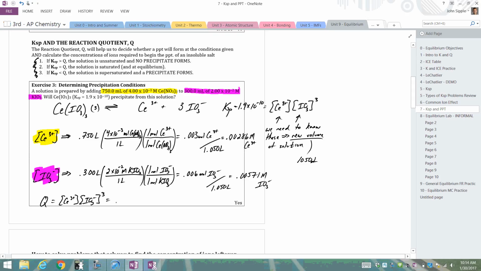All right, so we've got 0.00286 times 0.00571 cubed. We wind up with 5.34 times 10 to the minus 10.